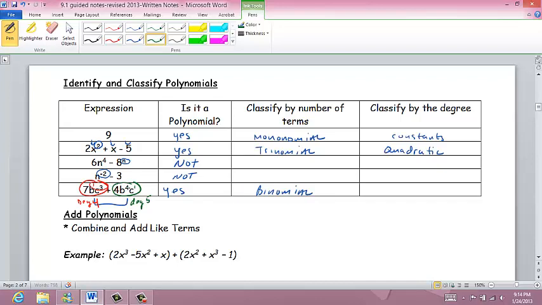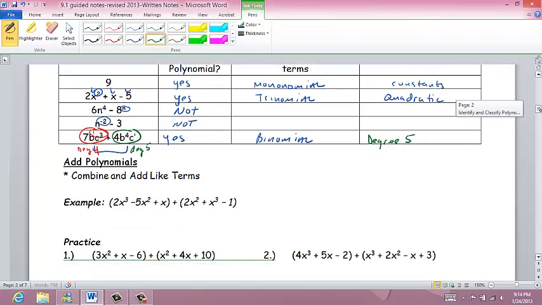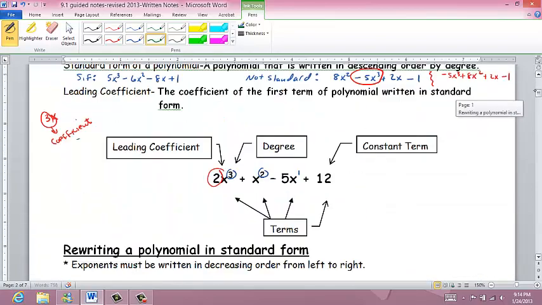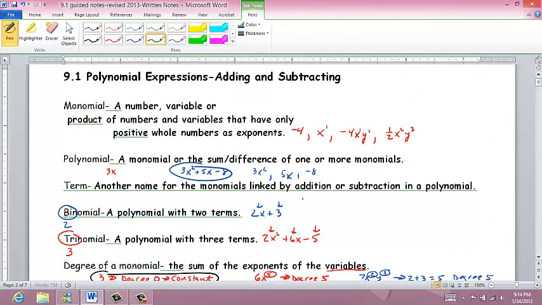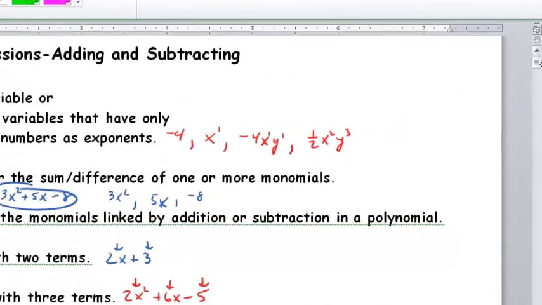Well, what term has the highest degree? The 4b to the 4th c to the 1st, which is degree 5. So this would be a degree 5 polynomial. So all of our terminology that we've discussed up above here, you're going to hear it quite often. So it is very valuable to make sure you study that throughout the chapter.